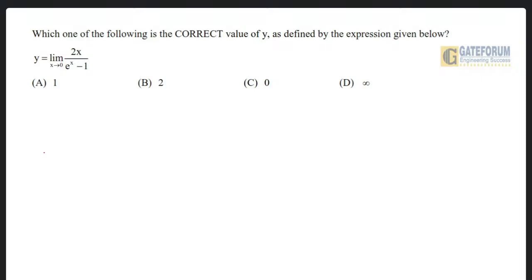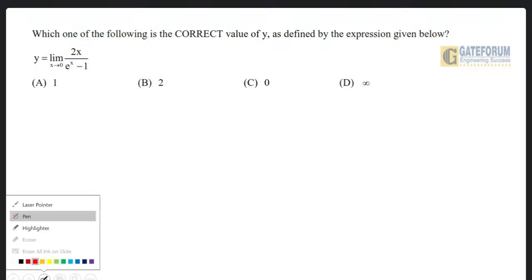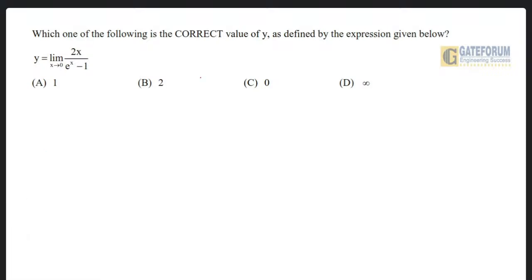The solution is, this is given, y is given in terms of limit. So they are asking the value of y.